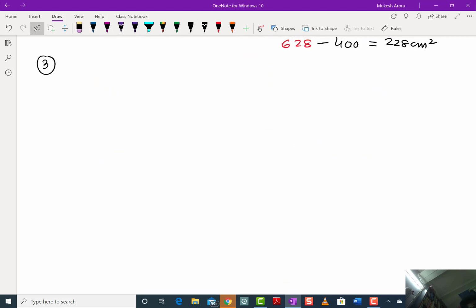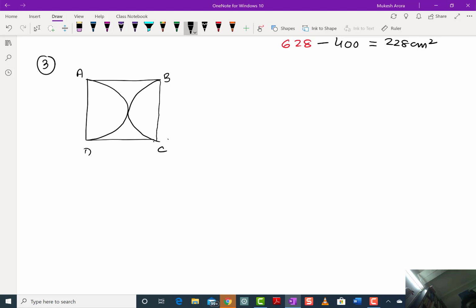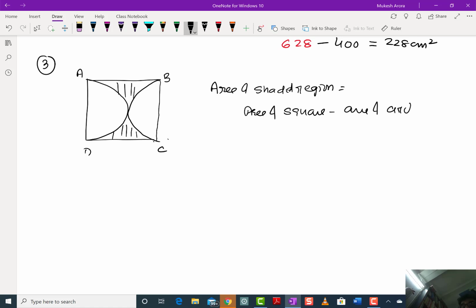Question number 3 is ABCD is a square. Find the area of the shaded region again. Area of shaded region is equal to area of square minus area of circle.